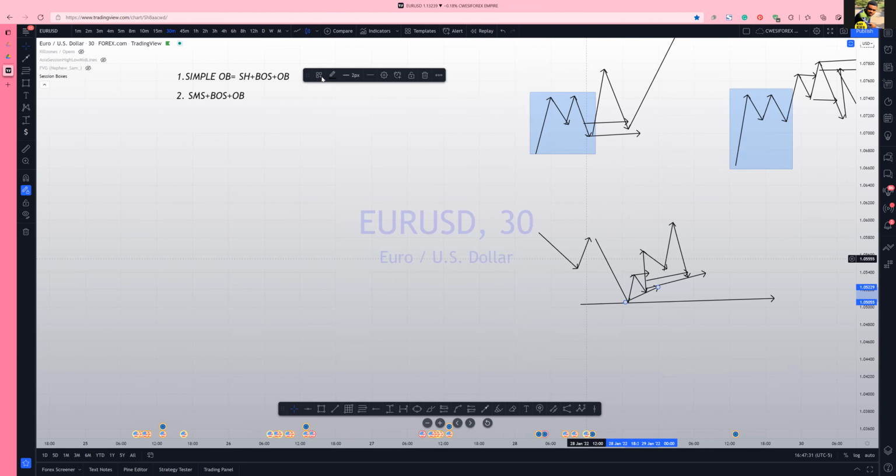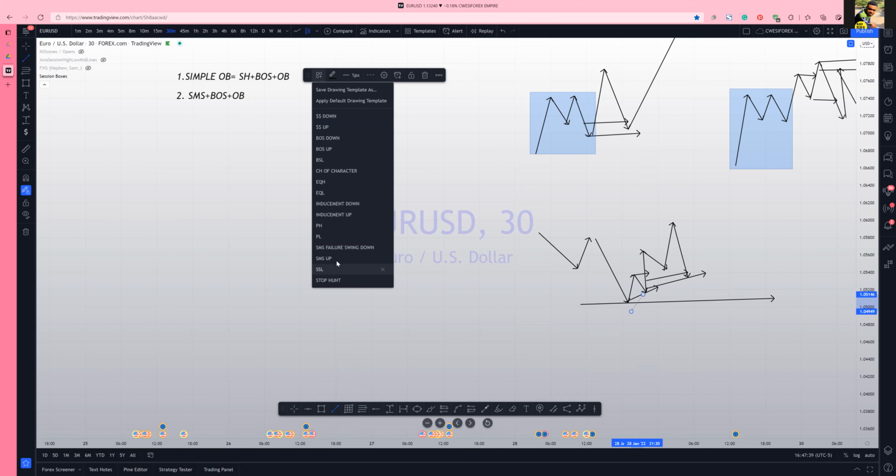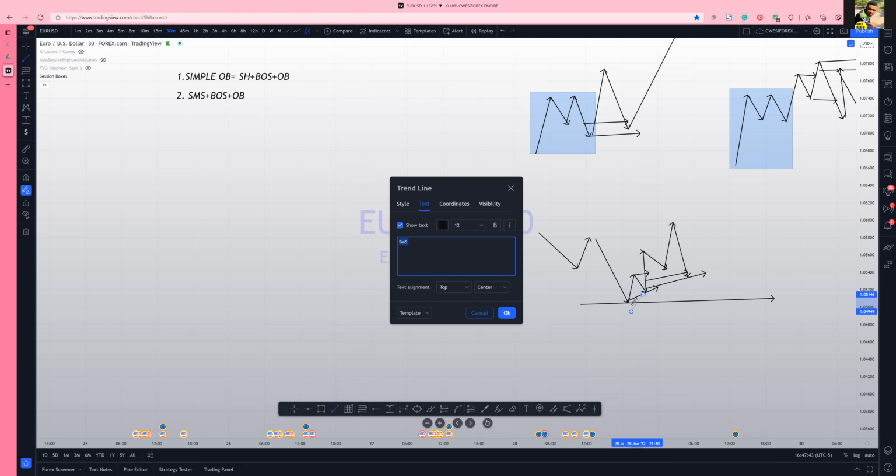So this becomes your swing market shift, which is the SMS. Just SMS.